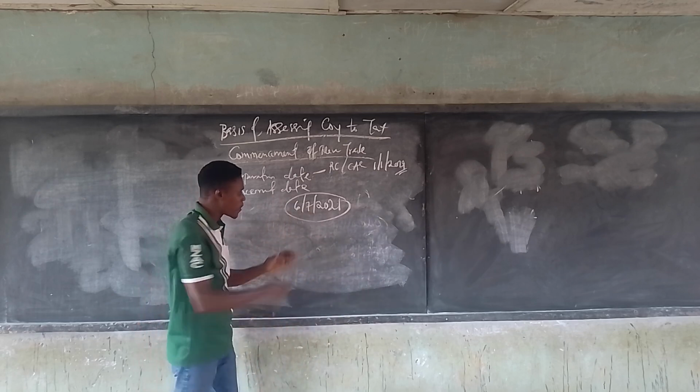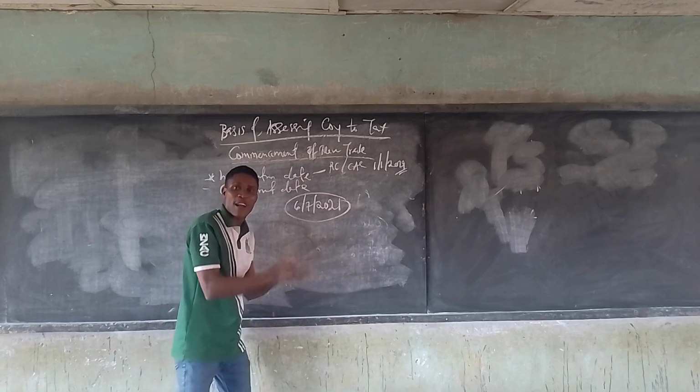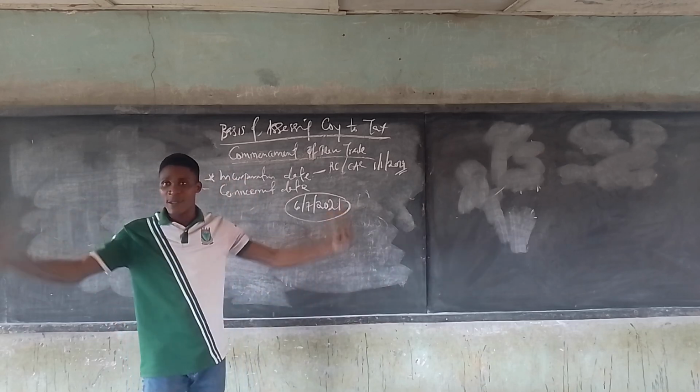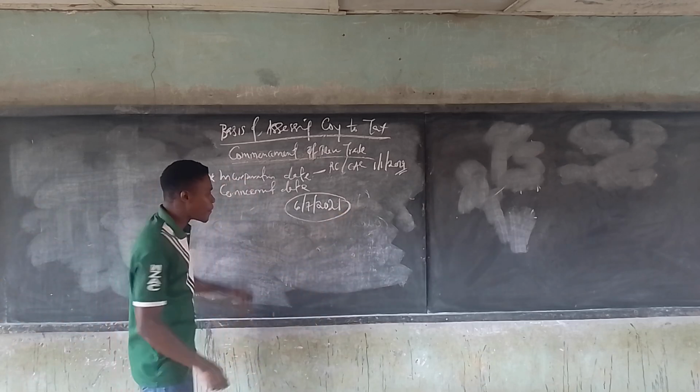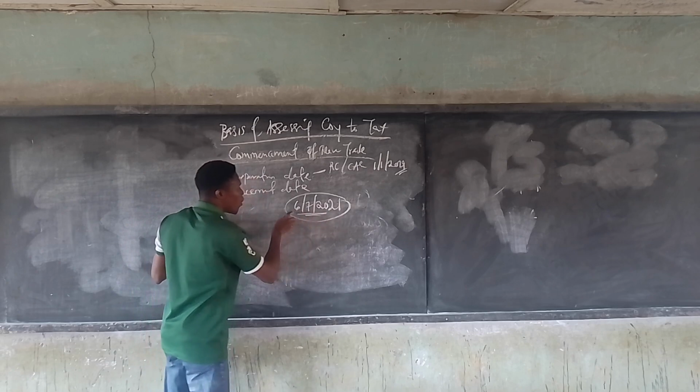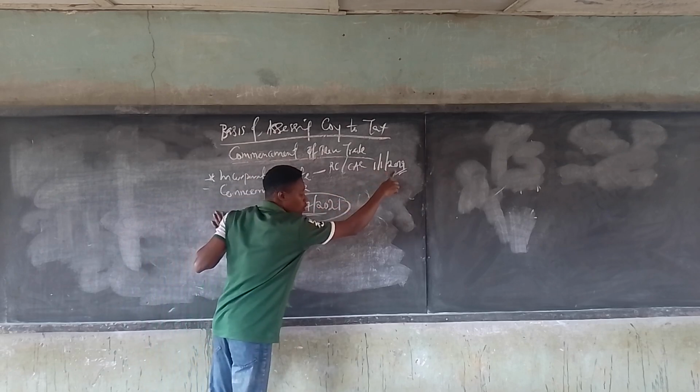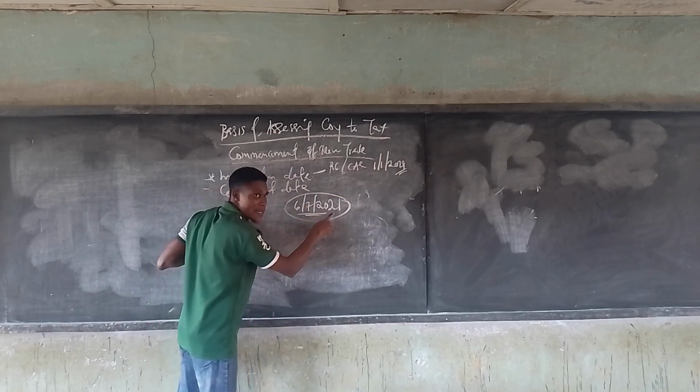I mentioned 6 months after the end of your accounting year or 18 months, the one that comes earlier. For example, this company you registered in 2019, but you commenced in 2021.